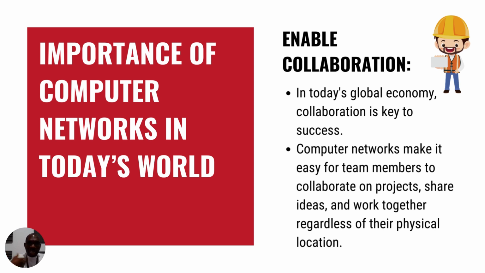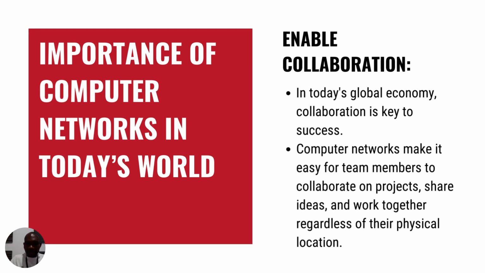We collaborate, we share ideas. Okay, so we can use all those things. So this computer network helps us to collaborate with people who are located in different parts of the world.